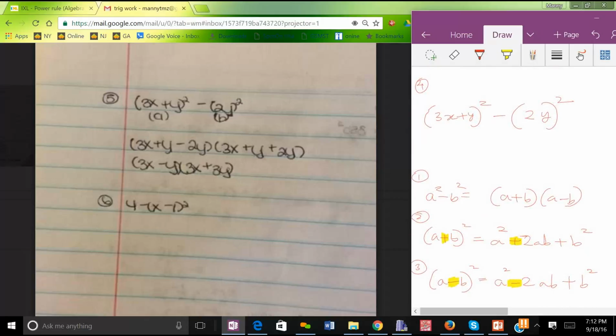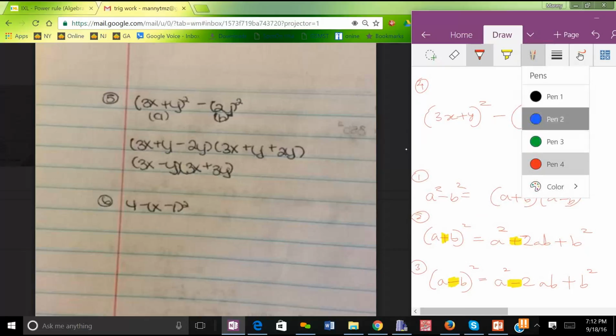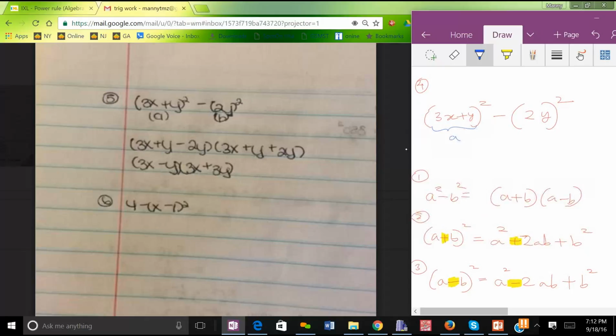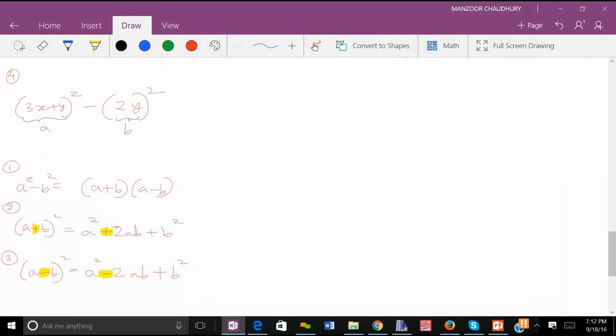So same thing. Here, look at this. It's a square minus b square. So what you do is, consider this as an a and consider this as a b, right? So we are going to do a plus b and a minus b. So a is 3x plus y, okay, plus b here.